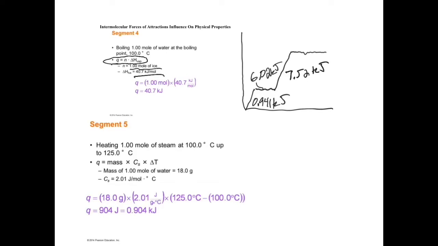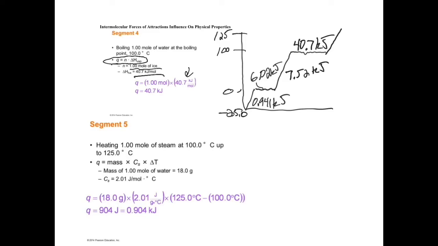So now you have 40.7 kilojoules, because 40.7 is the enthalpy of vaporization. And so we can write that in, 40.7 kilojoules. And then it goes up to, this is 100.0 minus 25.0, and then 125.